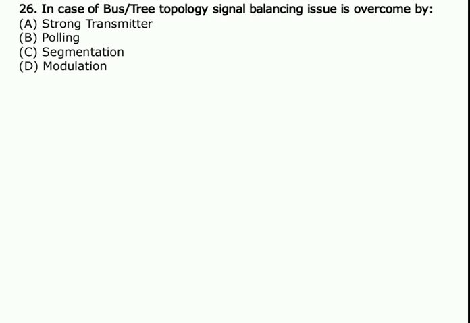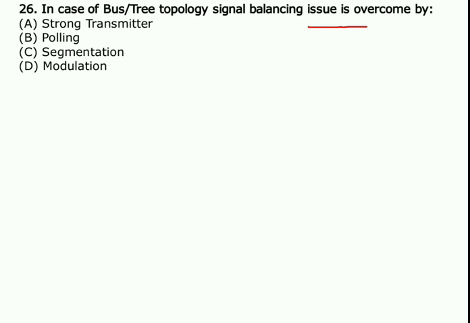So 26th question. In case of bus or tree topology, signal balancing issue is overcome by. In bus and tree topology, signal balancing issues arise because signals degrade as they travel along a shared medium, especially over long distances.